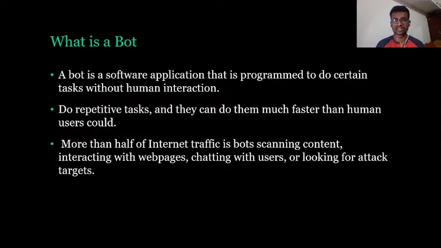Most of the internet traffic that we have over the internet is because of these bots, like scanning the contents over web pages or in social media, or like a chat-based system interacting with human users.